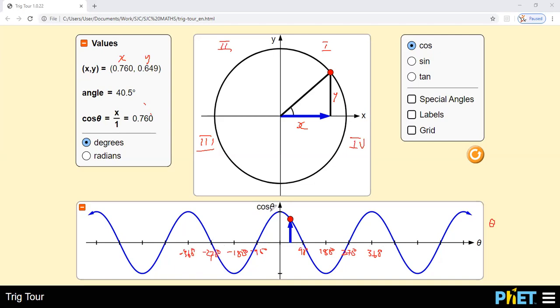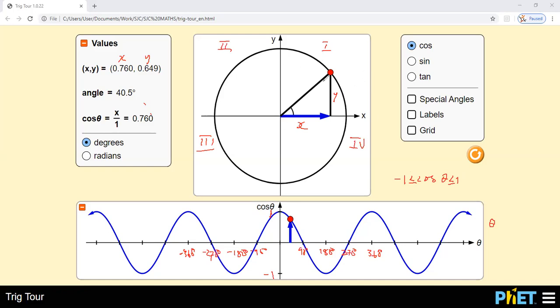At the top here we have a 1, at the bottom a -1, which is very important because this graph tells us that the cosine function is bound between 1 and -1. And you'll see the same resemblance in the unit circle.